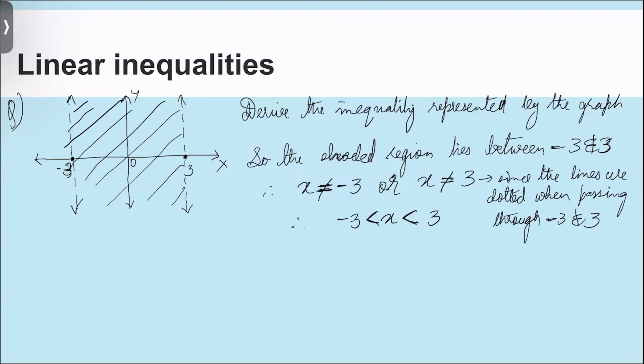Okay, so therefore we can say that mod of x is going to be less than 3. Okay, so if you have any plus minus x whatever, this will happen because mod of x, whether your x is +3 or -3, is going to be less than 3. So if your x is -2, it is going to be less than 3.